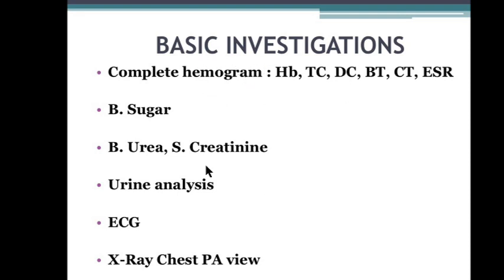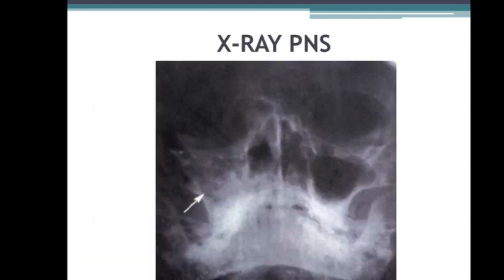Now the other investigations, these are routine parameters which we do before any surgery. X-ray of PNS. Now this is important. Sometimes in some patients of CSOM, we need to do X-ray of the PNS. PNS means paranasal sinuses. So X-ray of nose and paranasal sinuses is sometimes important to do in patients with CSOM.